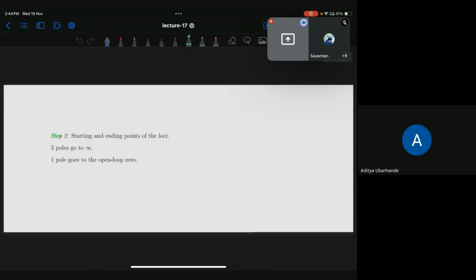The second step is finding the starting and ending points of the root locus. What are the starting points? What are the ending points? Always we have n equal to 4 poles and 1 zero. Starting points are the open loop poles themselves. Ending points are open loop zeros, but here we have only one zero.